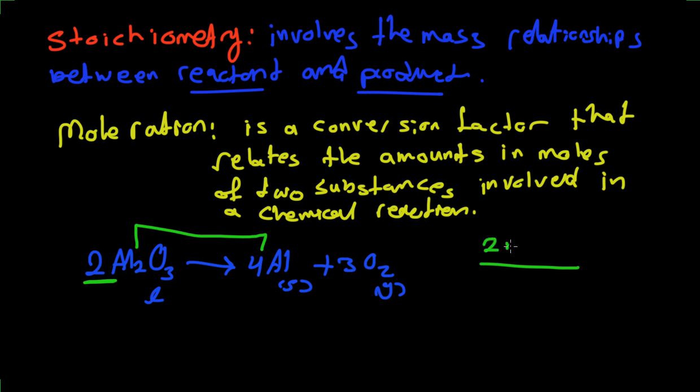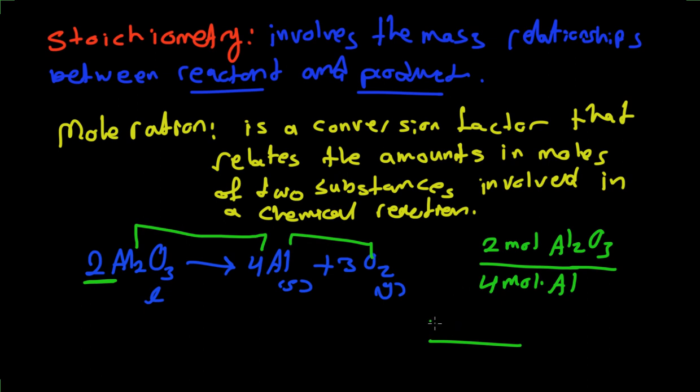When you say 2 mole, it indicates mole. 2 mole of aluminum oxide over 4 mole of aluminum. Let's write one more example. You can make a mole ratio between aluminum and oxygen.